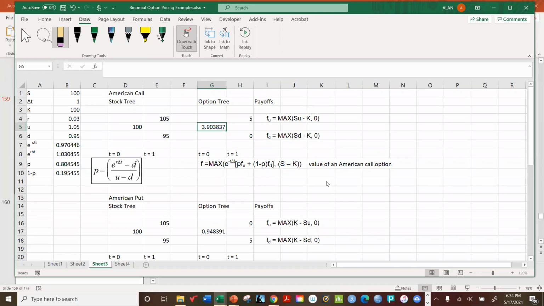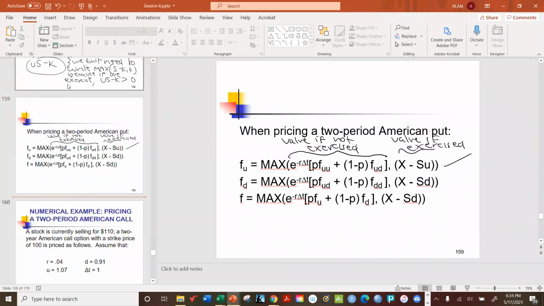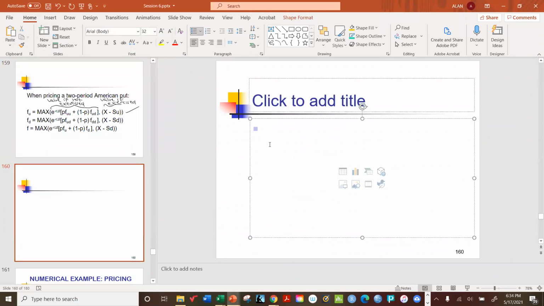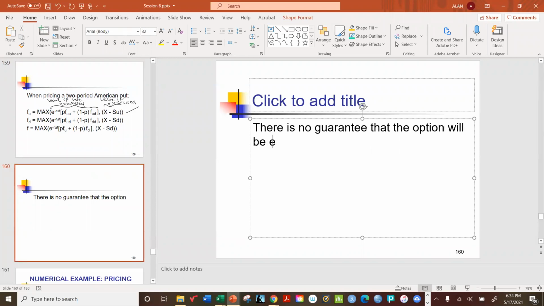Now, I do want to point out an important detail. There is no guarantee that the option will ever be exercised on a binomial tree.